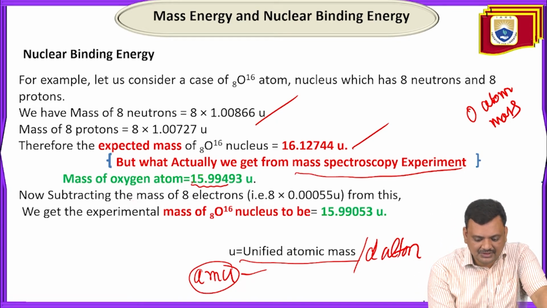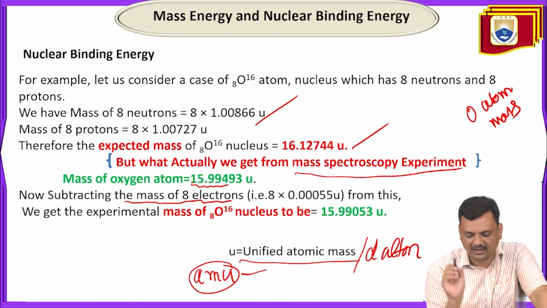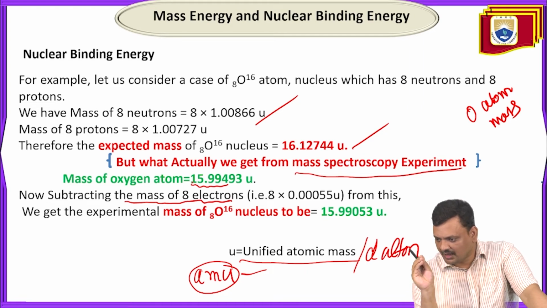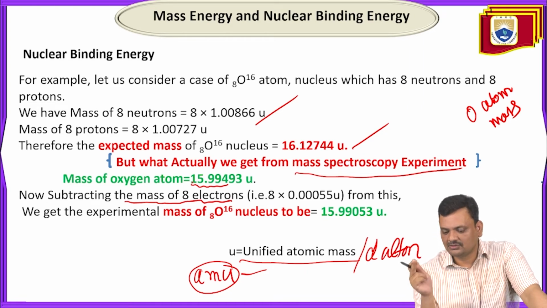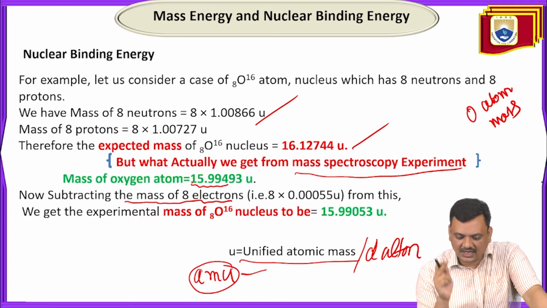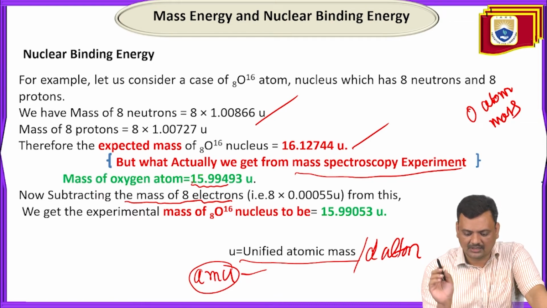Now we subtract the mass of 8 electrons. Why? Because the oxygen atom also has 8 electrons. So if we want to calculate the mass of the oxygen atom nucleus, we subtract the mass of 8 electrons from this experimental value.